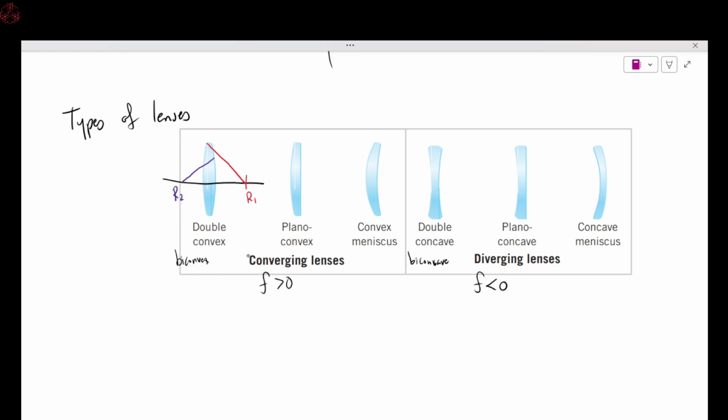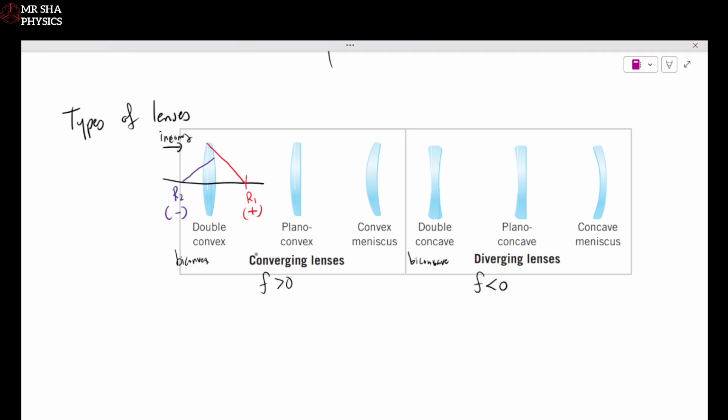So what that means is that if your incoming light ray is from the left, my R1 is going to be positive and my R2 is going to be negative.